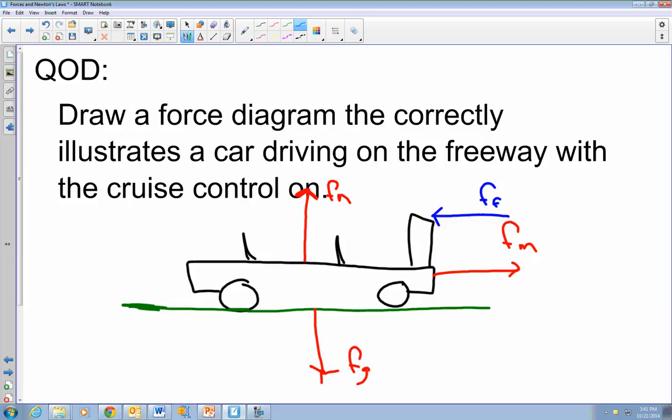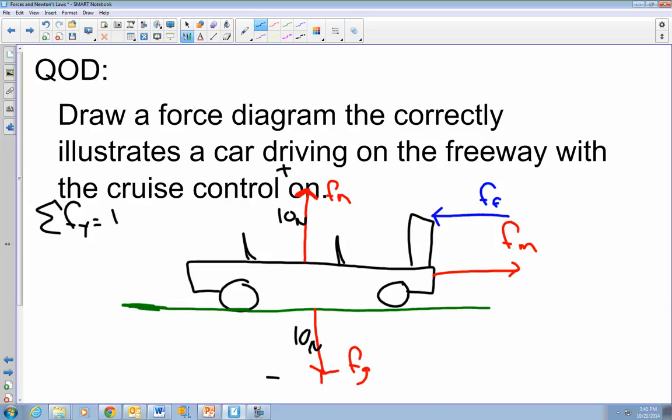So if I look at this the way I have it drawn, if I asked you what my total force was, what would it be? Well, me being the guy who likes to show all my work for everything here, I would say, okay, well, let's add up all of my forces in the y direction. And if I do that, we'll just call positive up, negative down. I don't know what the number is, but I know they're equal and opposite. So let's just say 10 and 10 newtons for both of these.